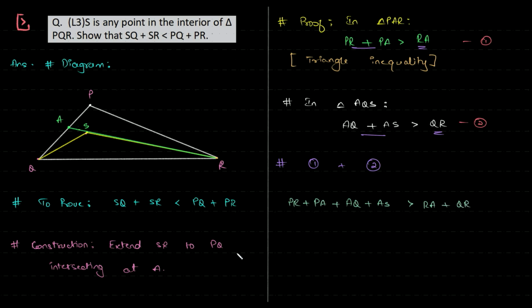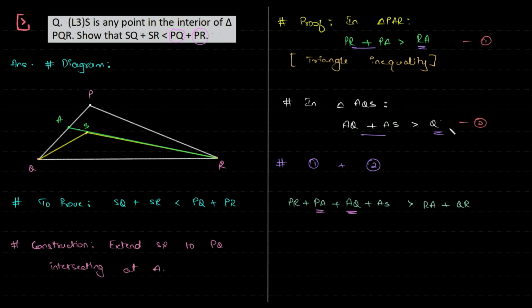Now let's see what we need. We need PQ. How can we get PQ? PQ we can get with the help of PA plus AQ. Done, so PQ is done. PR we have done. And on the other end we need SQ. Oh, I think I wrote this wrong.